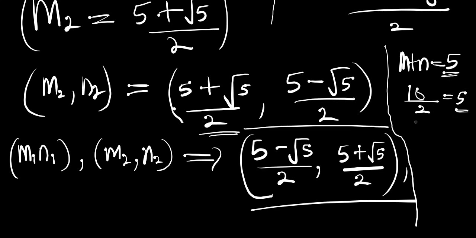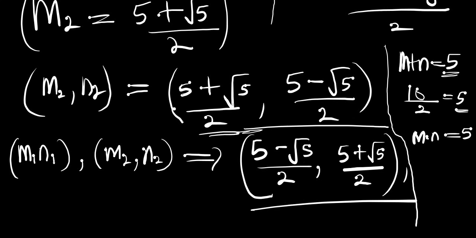Have you seen that? Now, if you also want to check in the other one, we had m times n equal to what? 5. For you to do this, let's make use of m2 and n2. You can as well make use of m1 and n1, any one you want to use.